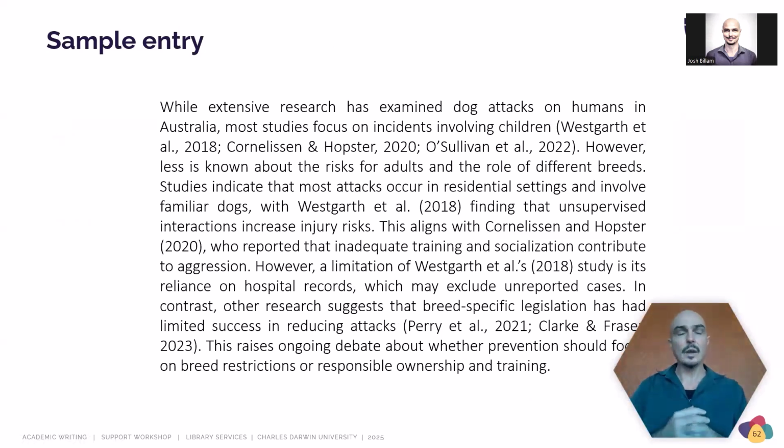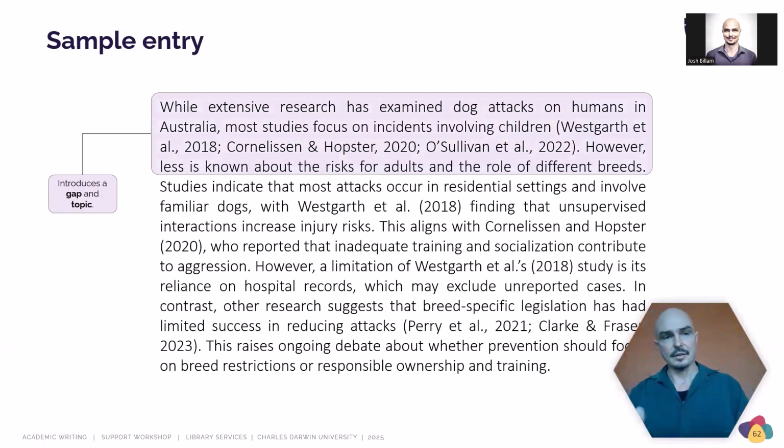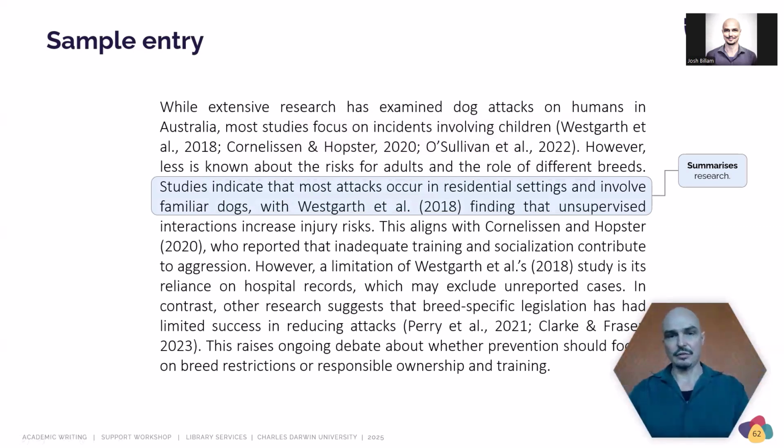If you're looking for a good paragraph example or a part of a lit review, then this one would be appropriate, I think. It starts out, identifies a gap in the research, and clearly says the topic. So the topic of this is dogs attacking people. Then it will introduce some research.